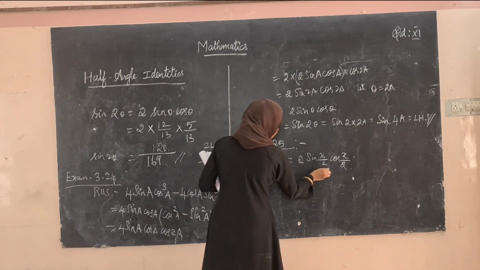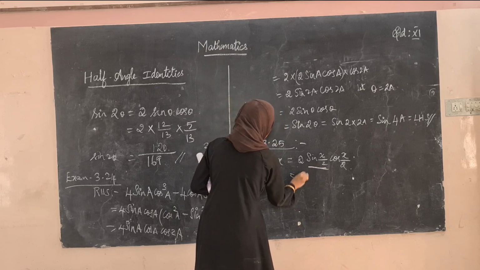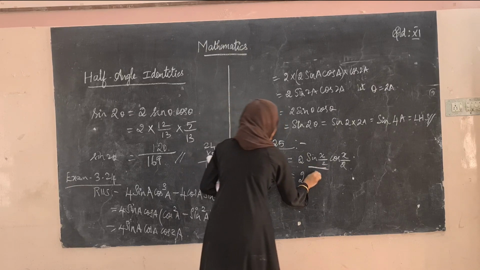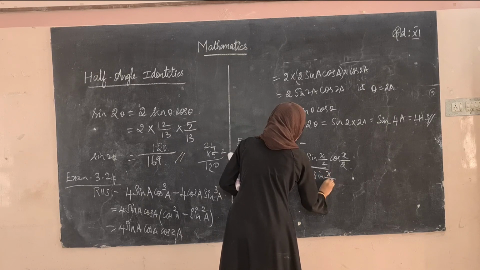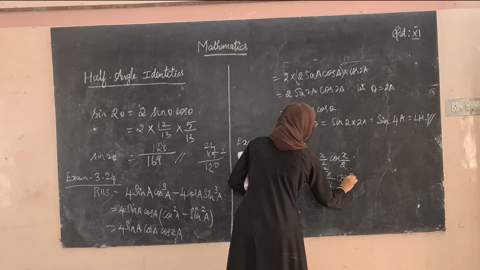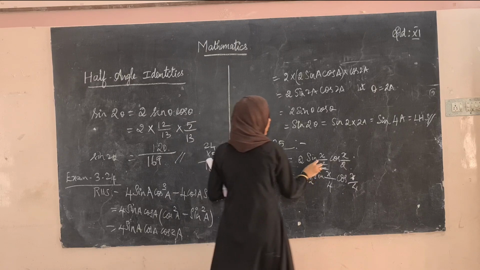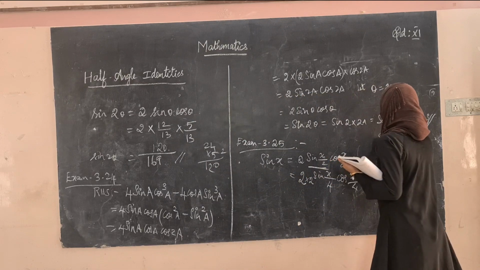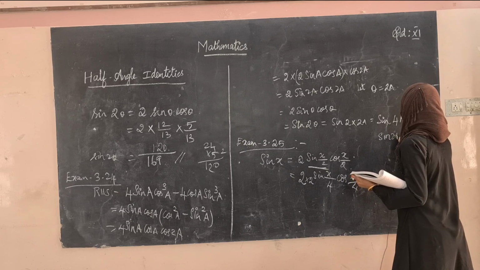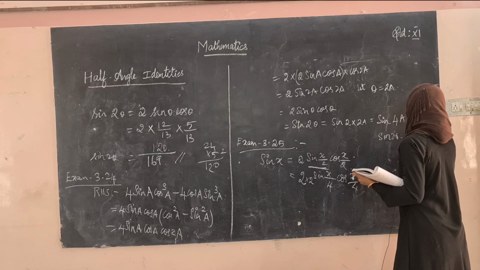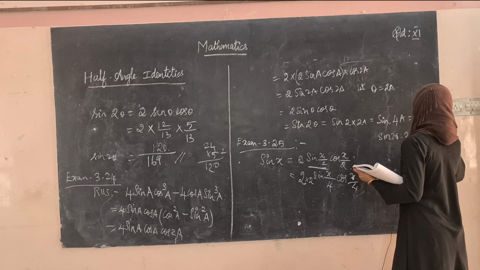Again see here, this sin x by 2 can be written as 2 into sin x by 4 into cos x by 4. So already we are having 1 2, and how they have written this 2 is by using the formula 2 sin theta is equal to 2 into sin theta cos theta.